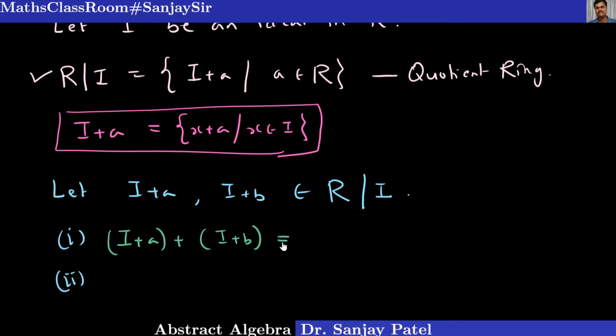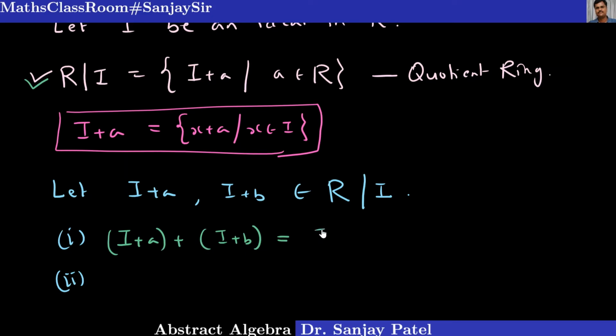And I want that when you take two elements from R mod I and add them, the resultant element also must be an element of the set R mod I. So I should have another coset which can be defined using these two cosets.